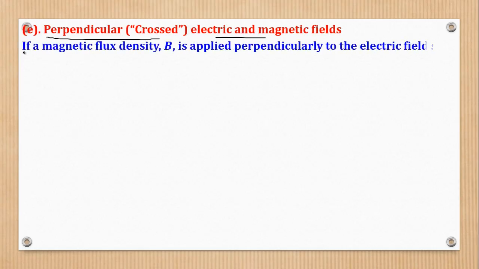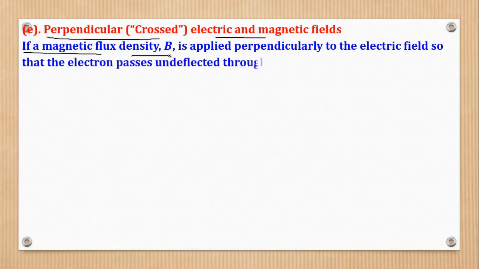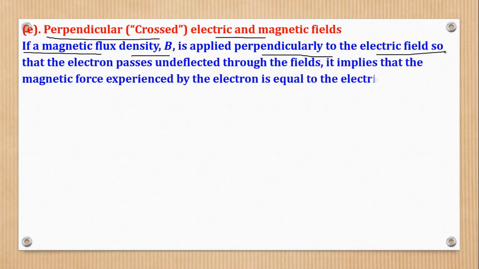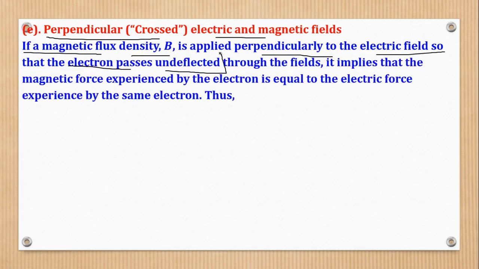So if a magnetic flux density B is applied perpendicularly to the electric field, so that the electron passes undeflected through the fields, it implies that the magnetic force experienced by the electron is equal to the electric force.